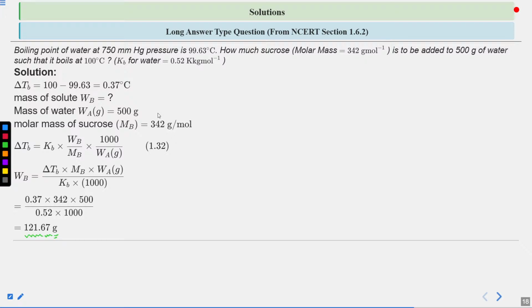You write the formula first, that this formula will be applicable in this question, and then you rearrange that formula as per the need of the question, then you put the values, and then you find out the final answer. So this is the correct way for answering, and hence this 121.67 grams is the answer of this question.